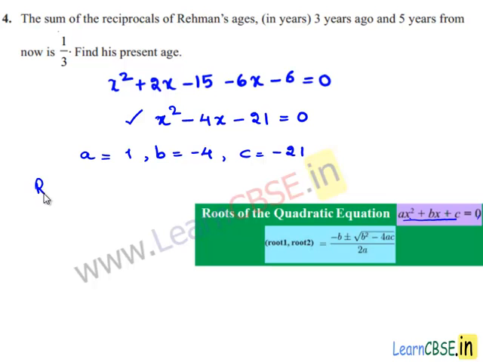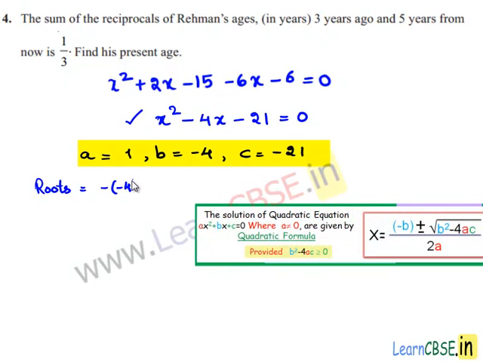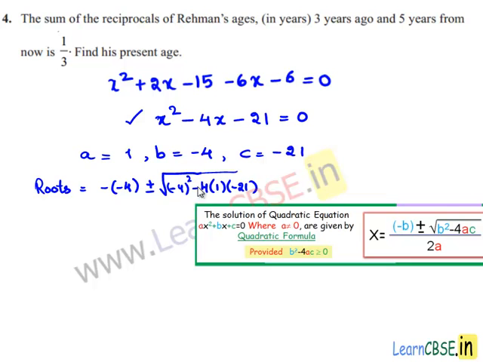Therefore, roots is equal to minus b, which is minus of minus 4, plus or minus square root of b square minus 4ac, which is minus 4 square minus 4 times of 1 multiplied by minus 21, divided by 2 times of a, which is 1.